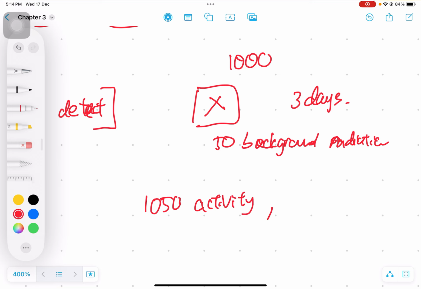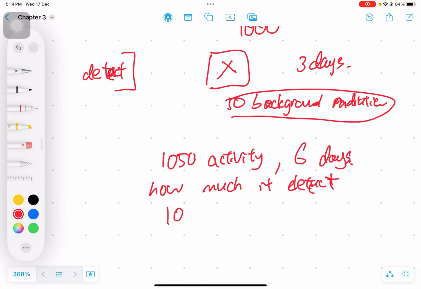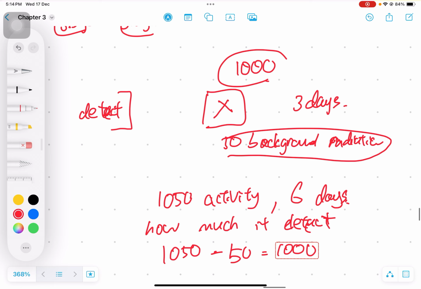Then after maybe 6 days, what is the activity? How much does it detect? So how do we do it? First thing first, we need to minus the background radiation. So 1050 minus 50, you get 1000, meaning the original number. And 6 days means twice the half-life.